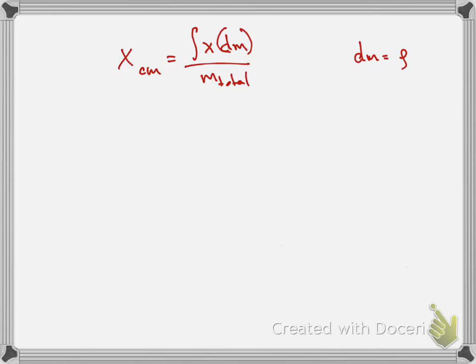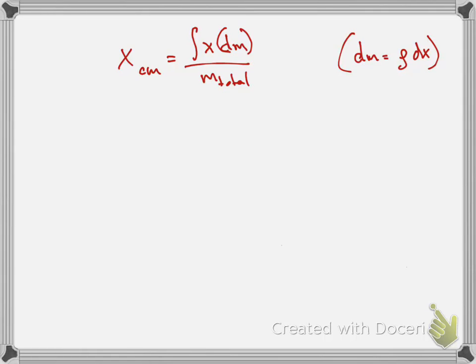But here's the punchline. Even though you may have a hard time repeating that for a different kind of distribution, the center of mass for a continuous distribution, instead of a finite sum, is an infinite sum. It's the integral of x dm over m total. It's the position x of each of the little pieces, which each have a mass dm. In that case, the mass dm was the density times dx.